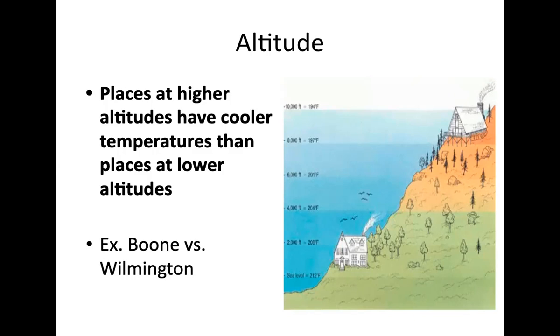More weight, more pressure, right? And then if you were to go up, you would be getting rid of some of those things, right? Does that make sense? So places at higher altitudes have cooler temperatures than places at lower altitudes.